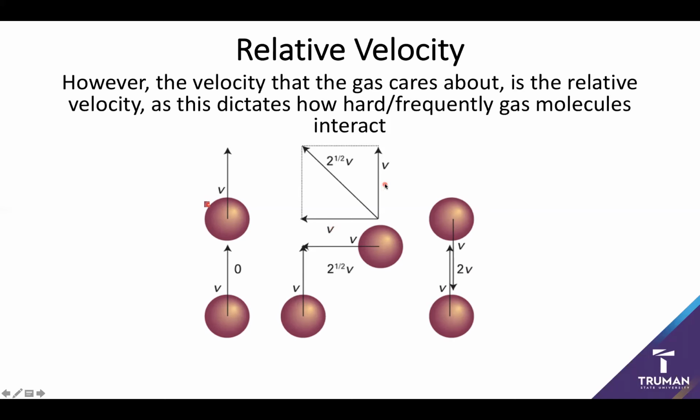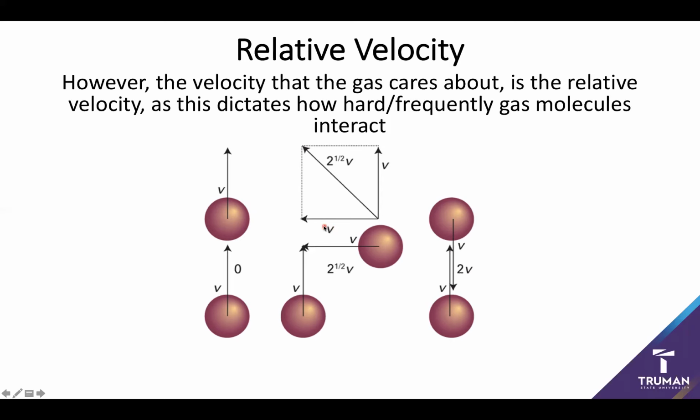I've got these two velocities as the component vectors, and then the net velocity, or the relative velocity, is simply going to be these two added together. So this gives me the classic Pythagorean theorem. So v squared plus v squared equals the net value, which is going to be the square root of 2 of these two added together.